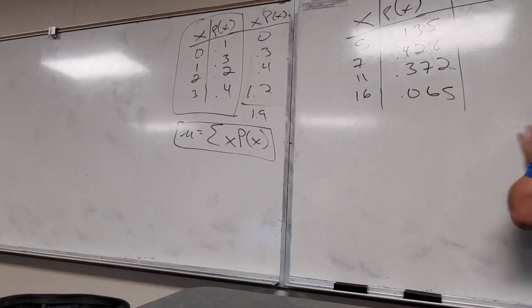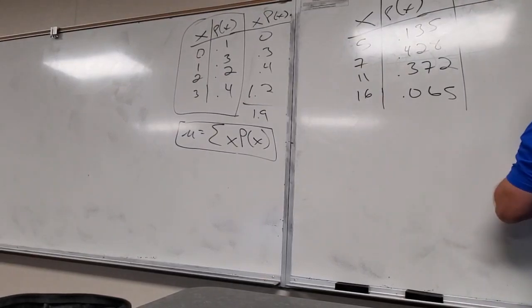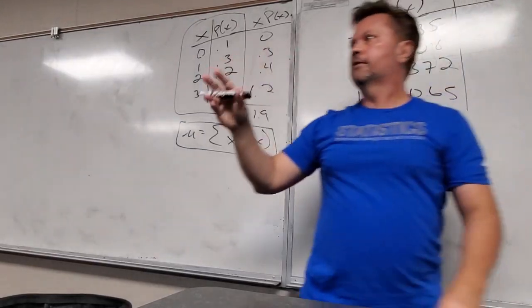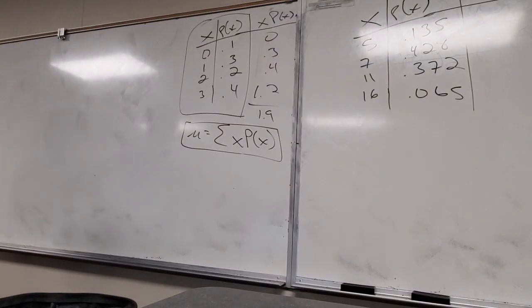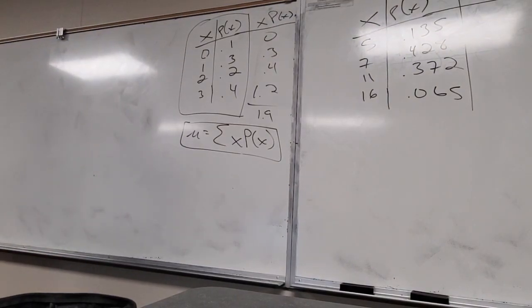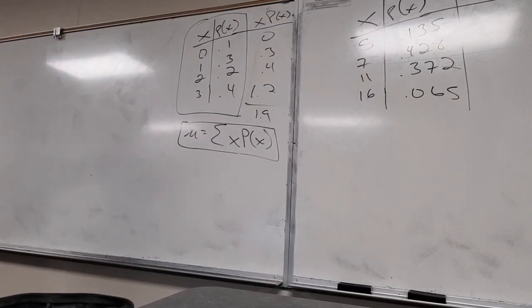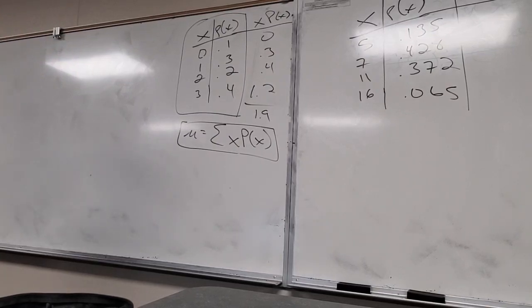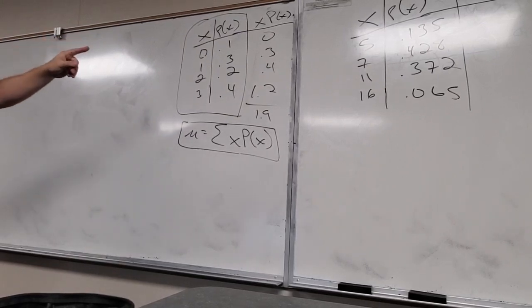What percentage of the data are 5s? How many are 5s? 135, right? Out of how many total? 1,000. 135 divided by 1,000 is 0.135.